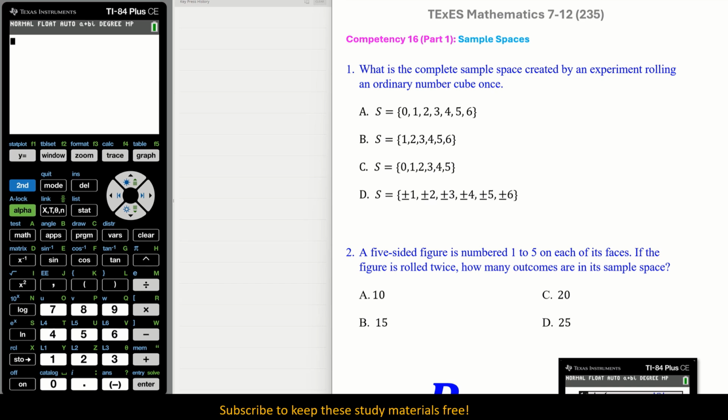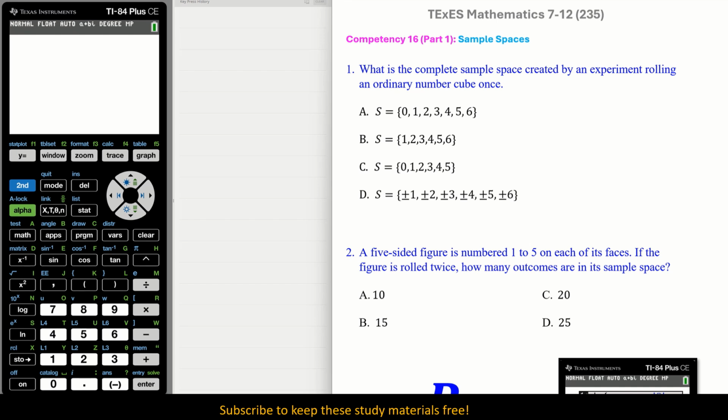Number 1, what is the complete sample space created by an experiment rolling an ordinary number cube once? Well, that's pretty basic, and that is the fact that an ordinary number cube, which is just a die, would be 1 through 6.